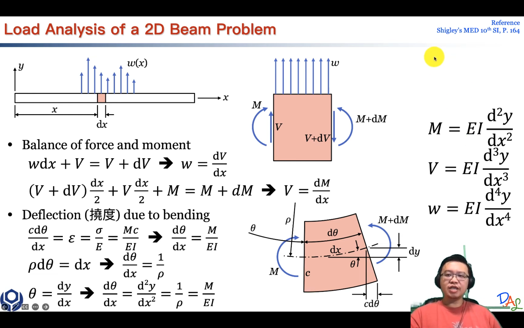Y has this second derivative relationship with M. One more derivative, we have V. One more derivative, we have w. And if we integrate w, we get V. One more integral, we get M. 2 more integrals, we get y.